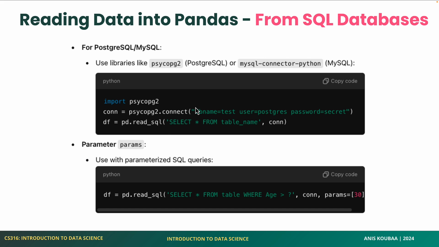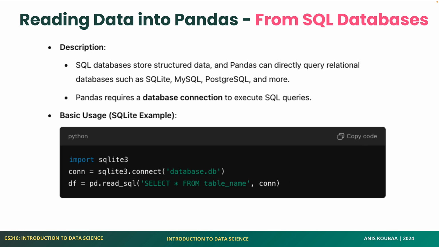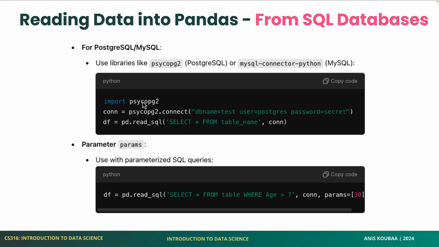You create a connection. Of course, every type of database has a certain library in Python, so you need to pip install the library. For example, here you pip install SQLite 3, you import it, and you create a connection. Every database has its way to create a connection. Usually you use .connect from the imported module, and these are the credentials to access the database.